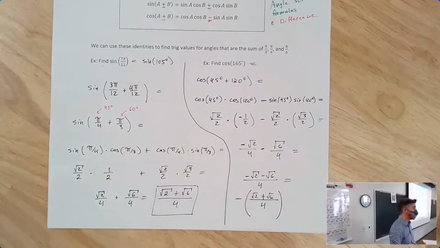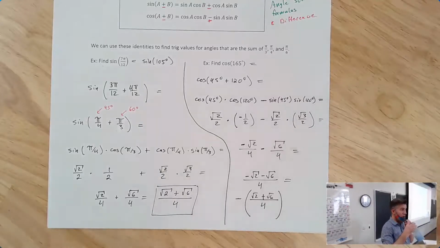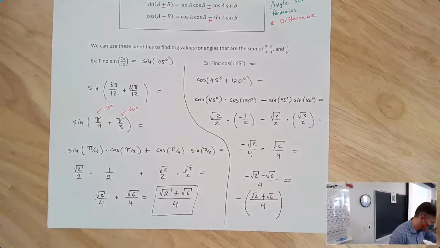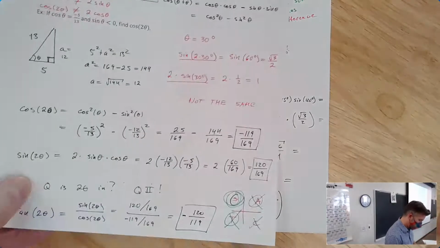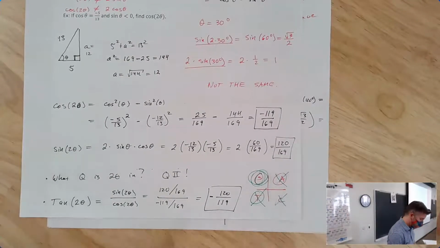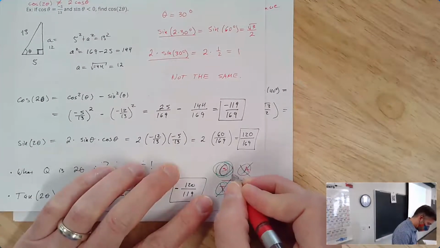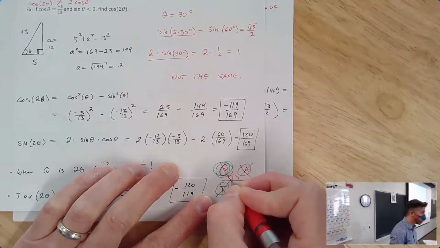You don't need to do that, but I'm just pointing out if you put the negative out front, it's different than not. Can you remind me why cosine of 120 degrees is negative 1/2? I know the relation to the reference angle, but why does that make it negative? Well, if you think about what quadrant we're in, cosine of 120 degrees is a little bigger than 90, so we're over here in quadrant 2.